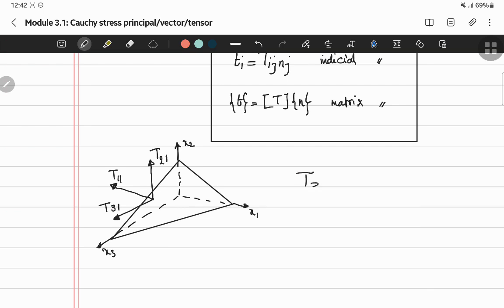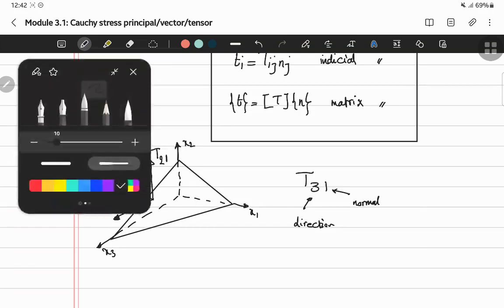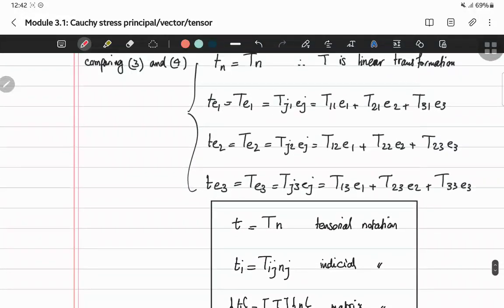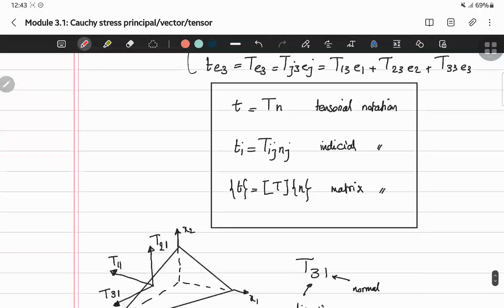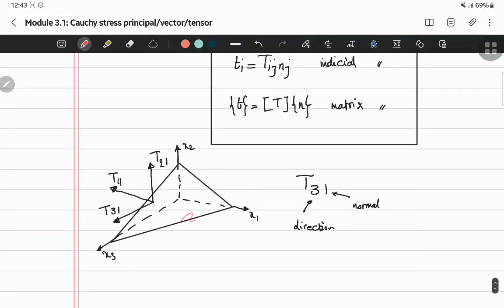So if you have 3, 3, 1, the first one gives you the direction, and 1 is basically the normal. It gives you the direction to the normal, to the plane. So for example, if you have T 2, 3, so you know that this should be in this direction.